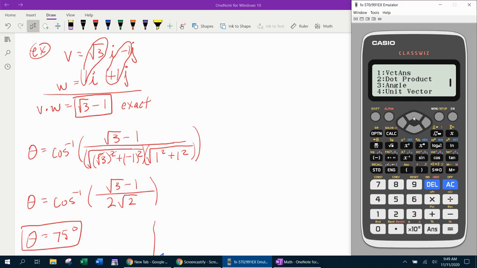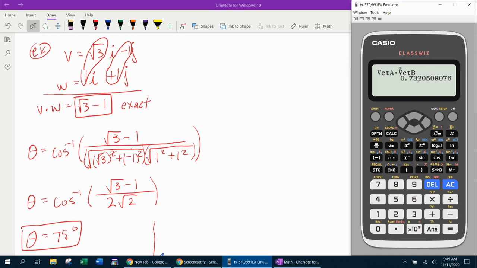In order to do that, we're going to go back up and select vector A first, option down, dot product, puts the dot for the dot product, and then option vector B. And so this is going to do the dot product of v and w.